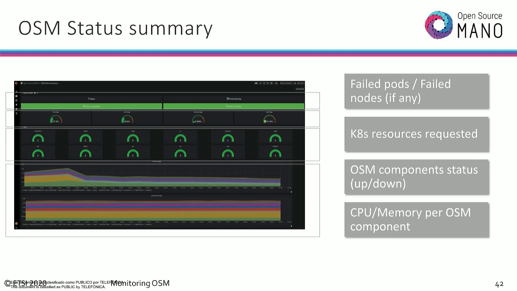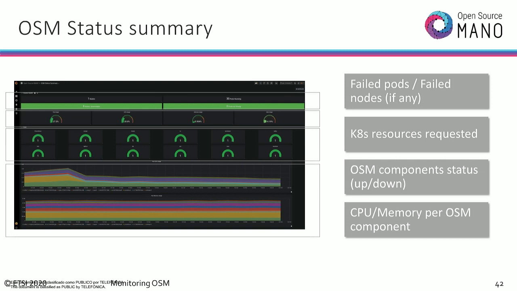In a standard installation, you will see there, I believe, around 32 pods, because it is taking into account not only the OSM pods, but also the Kubernetes pods and the pods that are used for this monitoring infrastructure. So this adds up to this number, which is higher than the 12 pods that make up OSM.